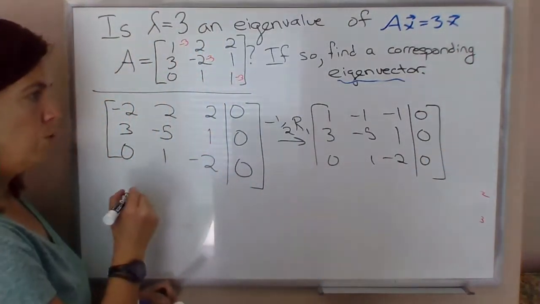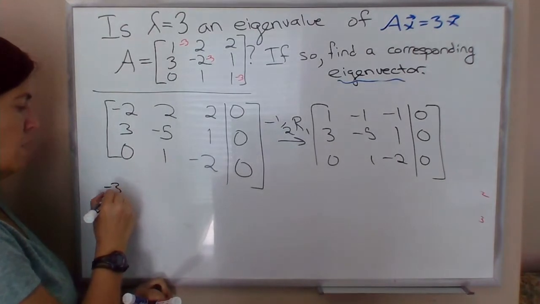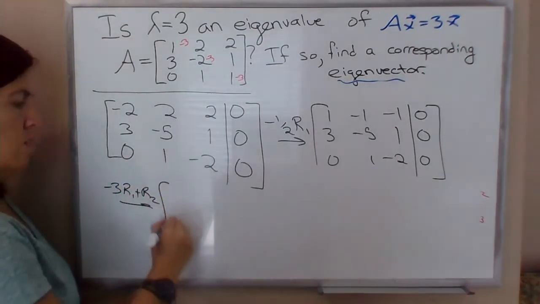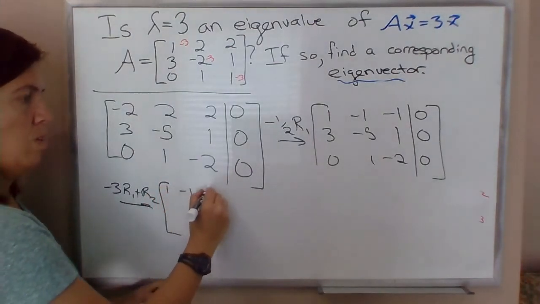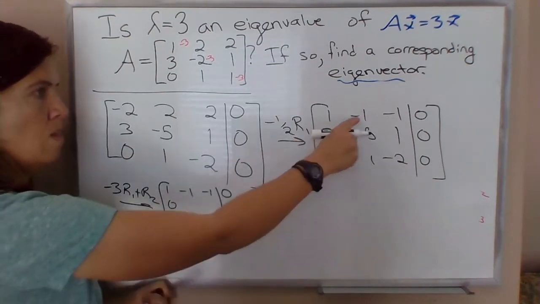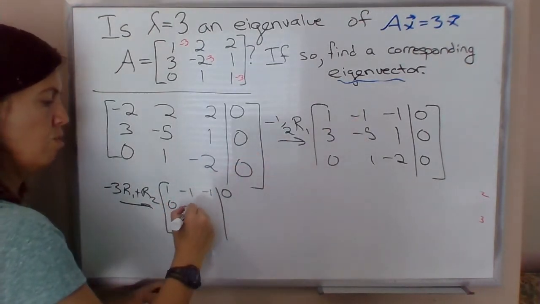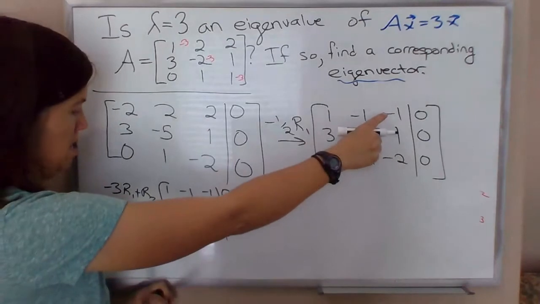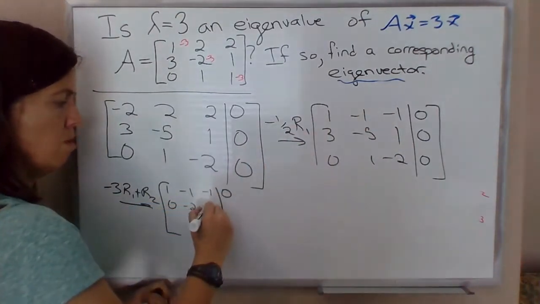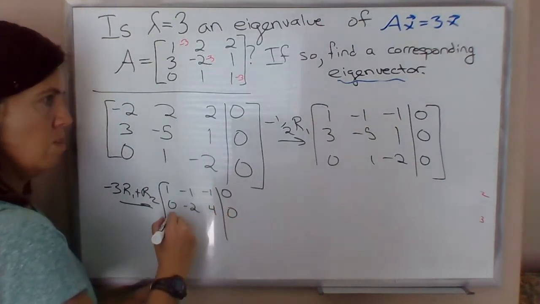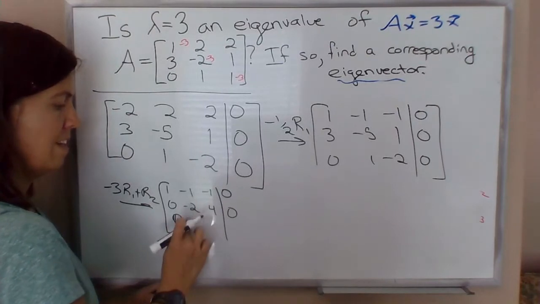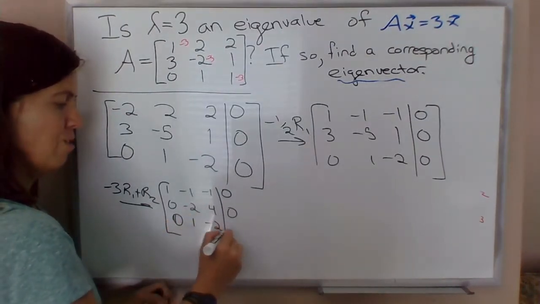And then I will do -3 times row 1, add that to row 2. So that'll be 0, and then 3 plus that, so -2, excuse me. And then this will be +3, right? So 3 plus that will be 4, 0, 1, 0, 1, -2, 0. There we go.